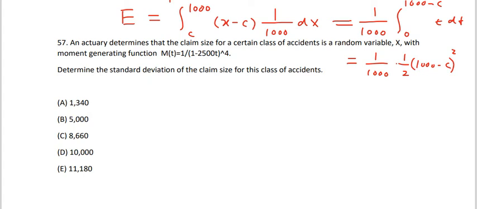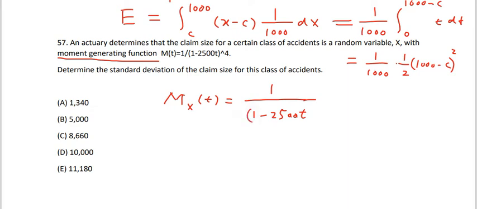For problem 57, it says this X is the claim size. This X has a moment generating function. So we have the moment generating function equal to, let's say, 1 minus something.